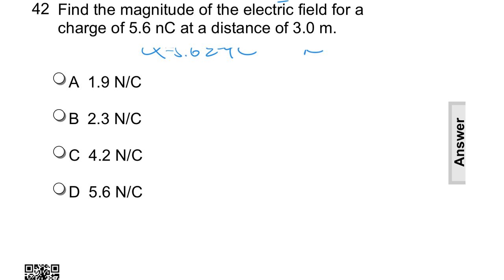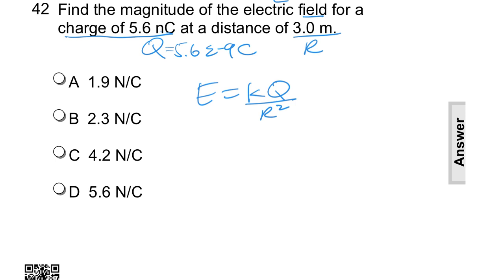So let's solve the equation. It would be K big Q over R squared. K is 9 e to the 9, that's Coulomb's constant, times the field charge, 5.6 e to the negative 9, divided by 3 squared, which is 9.